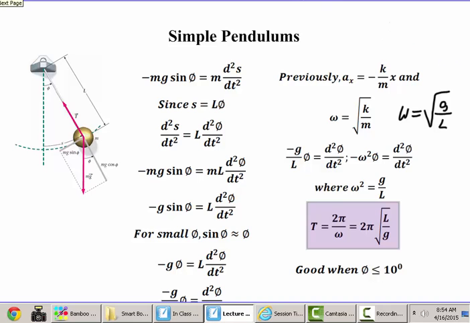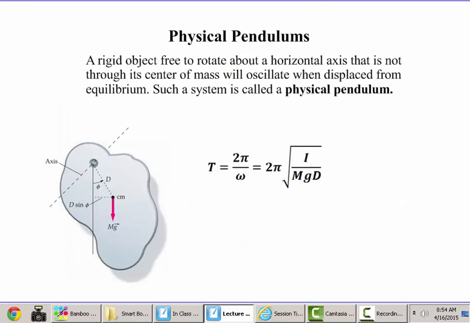The other thing that might be thrown at you, and we'll review it prior to the AP exam, is a physical pendulum. They're going to have to give you the equation for the period. A physical pendulum is some object where you're rotating around some point that's not the equilibrium point. The period is 2 pi times the square root of the moment of inertia around this point, divided by m, g, and d.